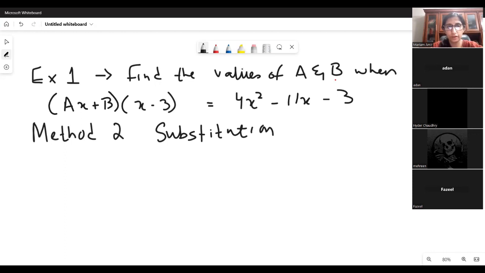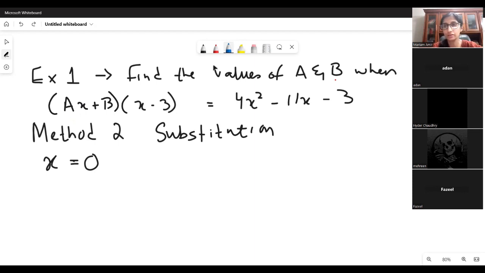So let's see what value of x we should take first. Let's take x equals 0. उससे क्या होगा? A will get eliminated. So when A gets eliminated, we'll get the value of B. So you have to be a bit strategic about what value of x you're taking.